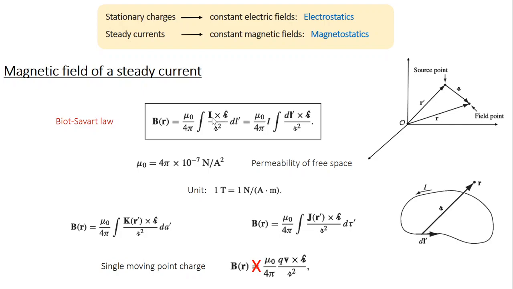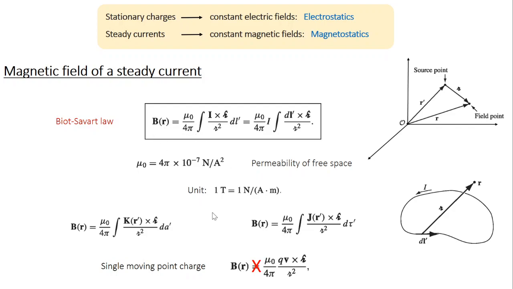Since this is a steady current, its value is constant, and I can take it outside the integral and write mu naught I over 4 pi integral dl prime cross r cap divided by r square. Here mu naught is a constant known as the permeability of free space, whose value is 4 pi into 10 to the power minus 7 Newton per ampere square.